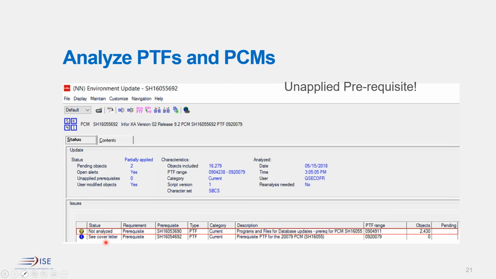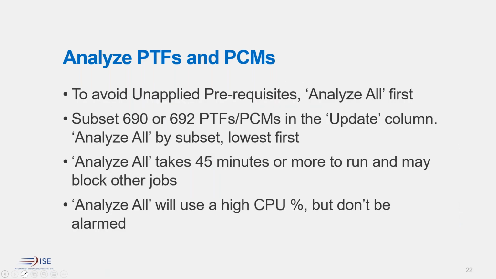So that means that we have to analyze these prerequisites and then reanalyze the PCM. But I'm going to show you a good way to avoid this problem in the first place. Okay, so PUI's term for these is unapplied prerequisites. And so I like to do something that I call analyze all first.